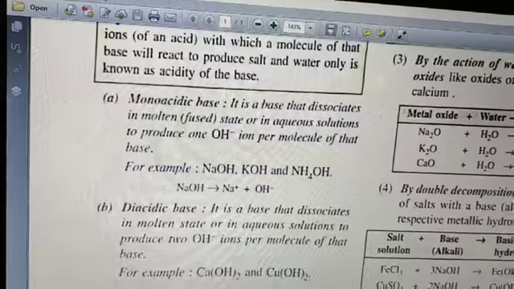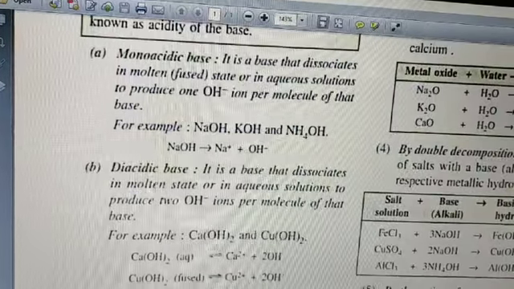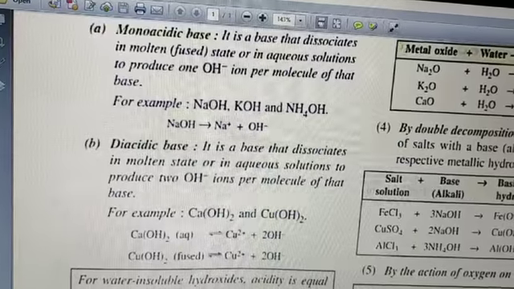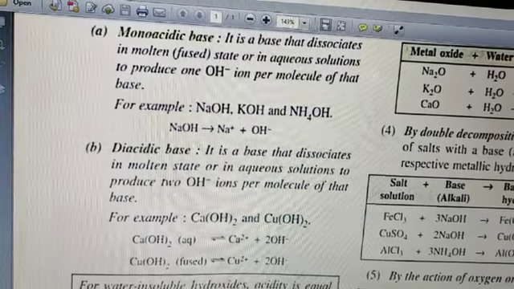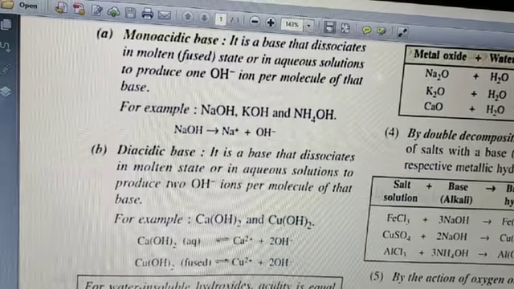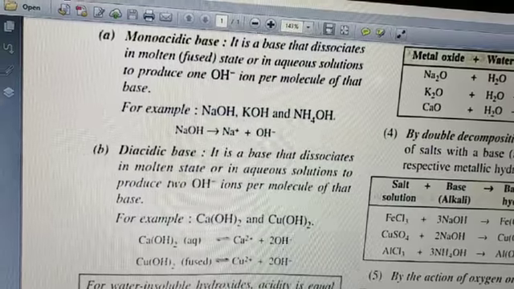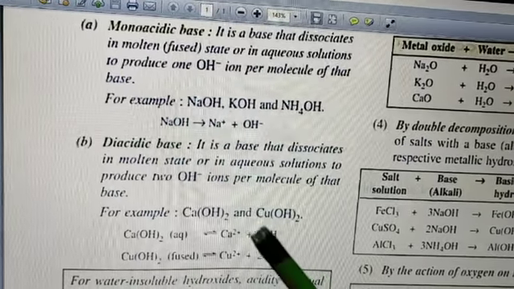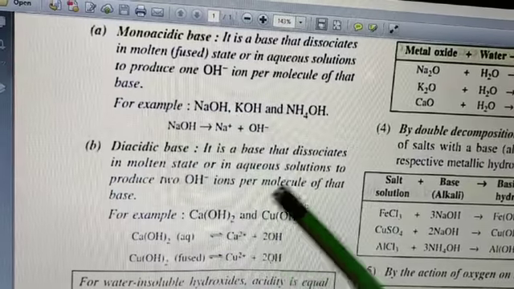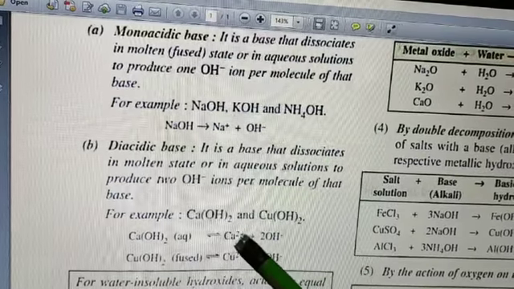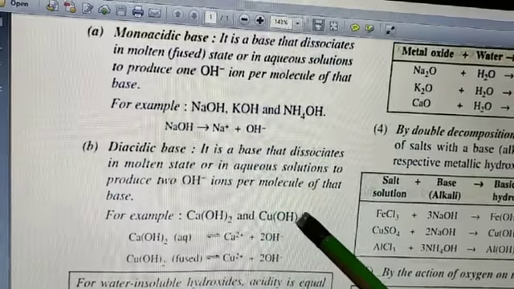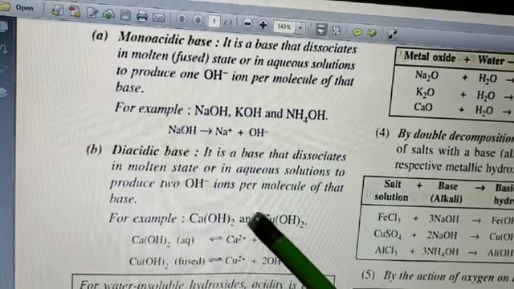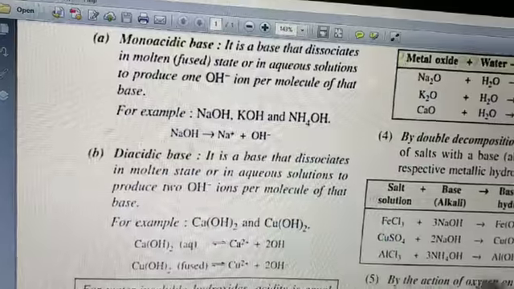In a similar way, a diacidic base is a base which in aqueous solution produces 2 OH minus ions per molecule of the substance. For example calcium hydroxide, copper hydroxide. These two compounds, when you dissolve them in aqueous solution, will give you 2 OH minus ions. So the acidity for these bases is 2, and they are also known as diacidic bases.